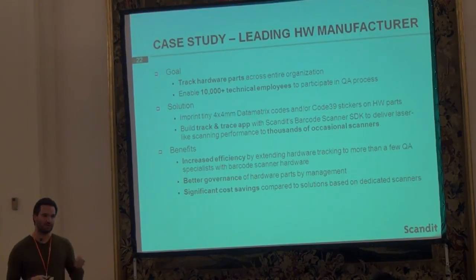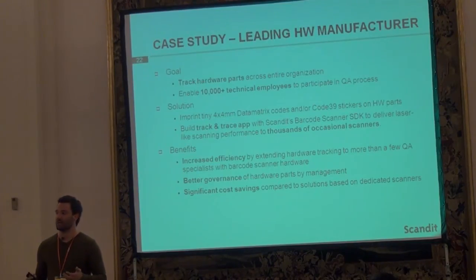And if you think about it, something like that wasn't possible at all before, because the cost of providing a dedicated scanning device to every employee is just prohibitive. But now, with a smartphone-based solution, you can have thousands of such occasional scanners participate in a global process and really democratize a business process.